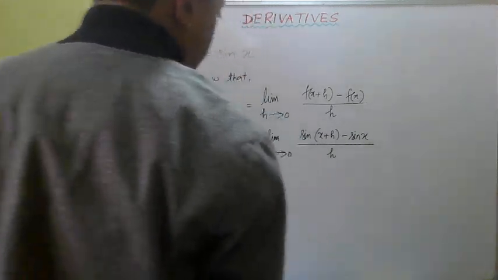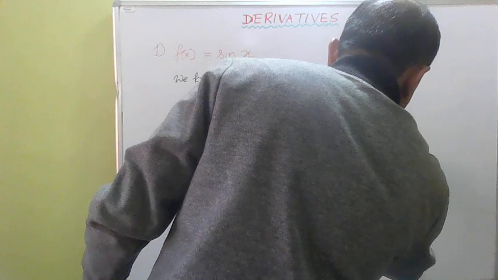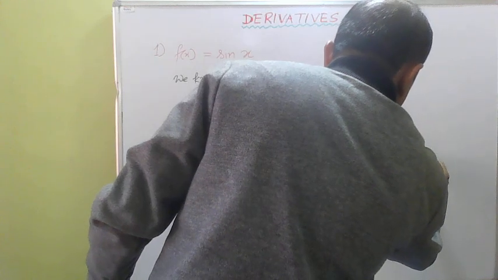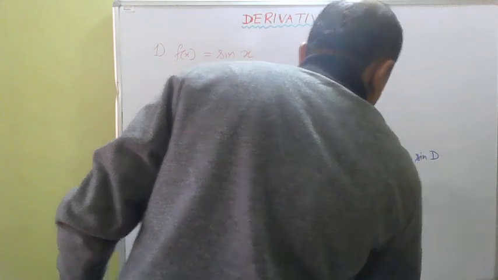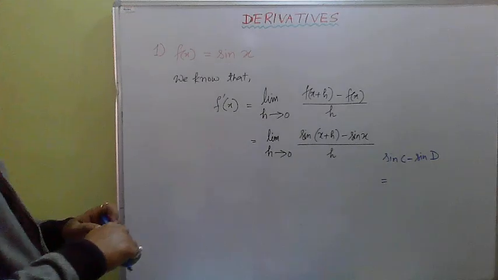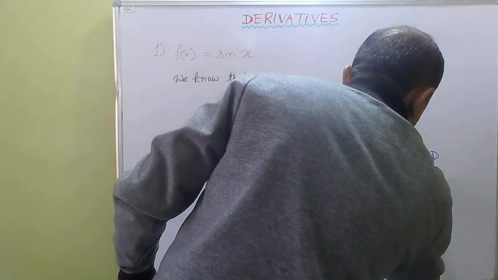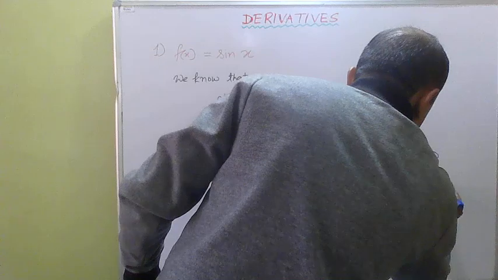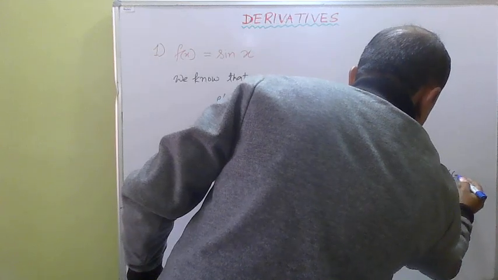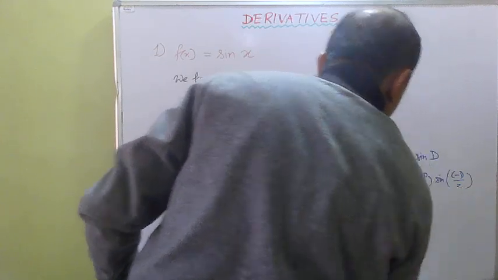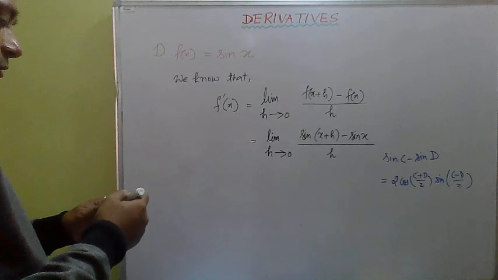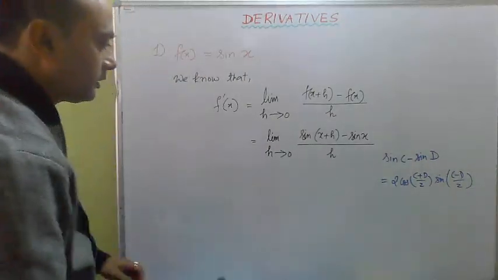What is that formula? Sin c minus sin d. Anyone remembers? Sin c minus sin d equal to, what is the answer? It is 2 cos((c plus d) by 2) and sin((c minus d) by 2). So this formula we have to apply in the numerator.